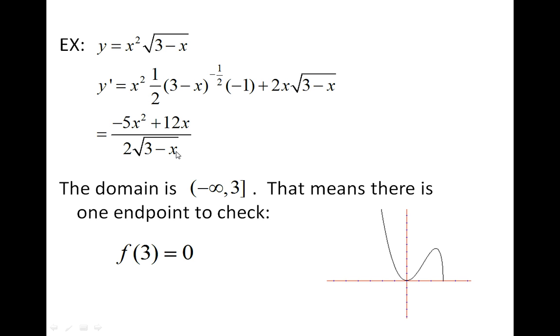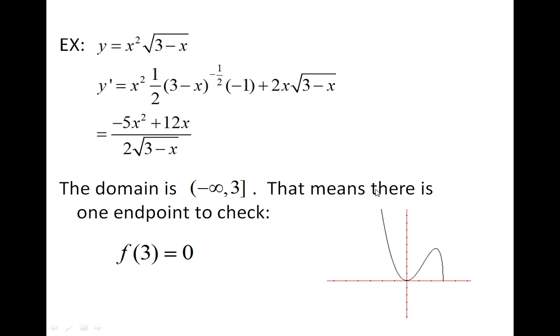So I'm looking at what values of x I can have in here, so that I'm taking the square root of a positive number. Since it's in the denominator, I also can't have that denominator be exactly 0. So I'm really looking for 3 minus x to be strictly greater than 0, which basically is giving me this domain here. Oh, well, I put a square bracket here, but technically I can't have 3 itself because that would be dividing by 0.